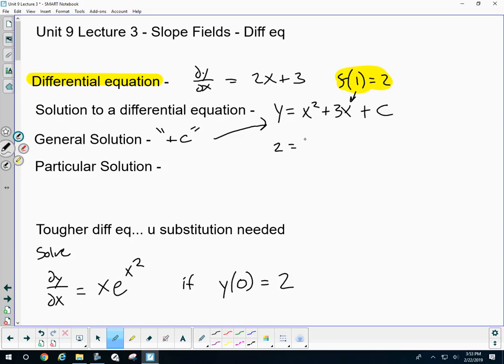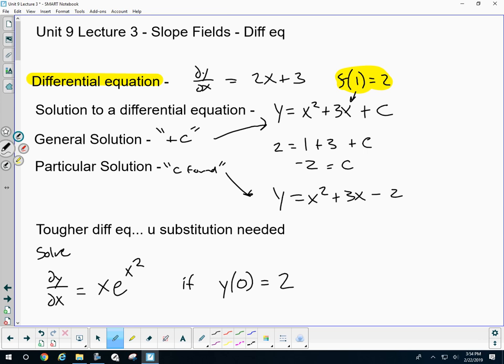And when you find c, it's not that c is the solution, it's that the equation with the found c is your particular solution. Okay, so my general solution has the plus c. My particular solution is still the equation with the c that is being found.